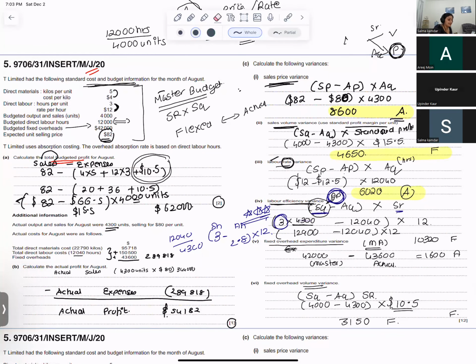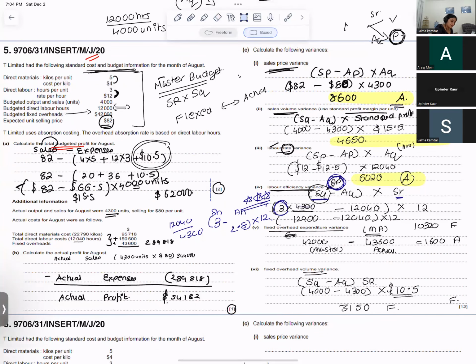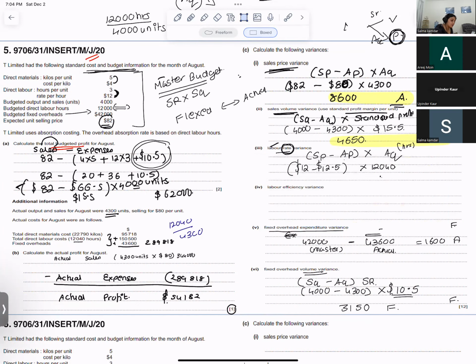Did you get what I said right now? No, miss. See, let's do the labor efficiency variance again. Give me the formula for labor efficiency variance. Standard quantity minus actual quantity into standard rate.